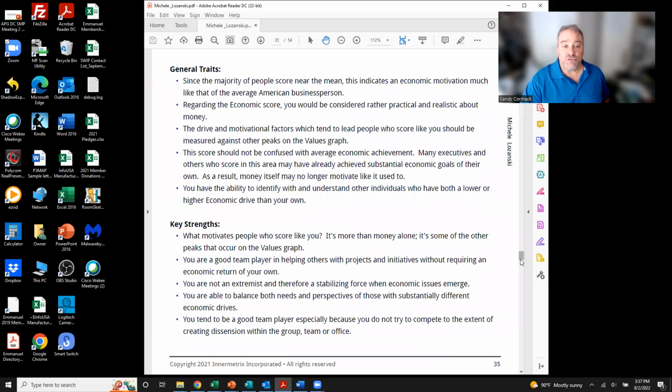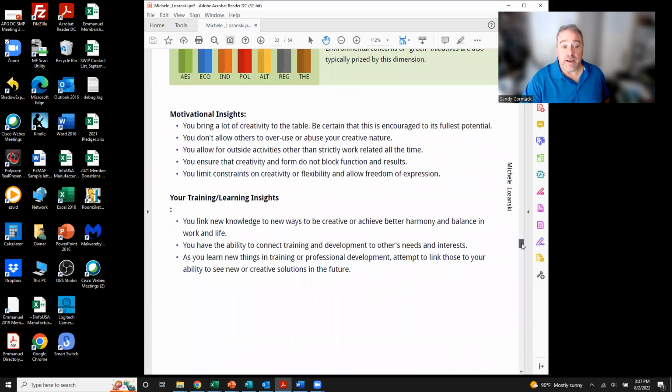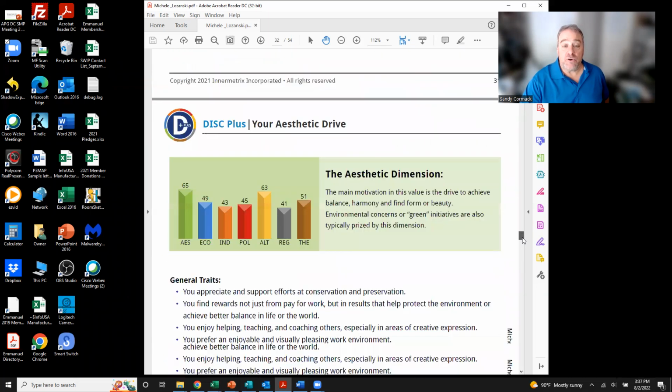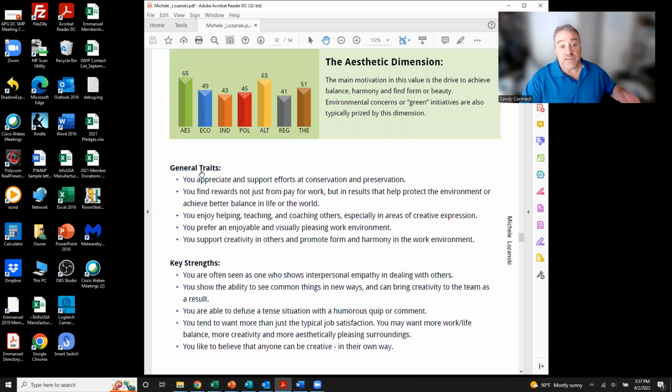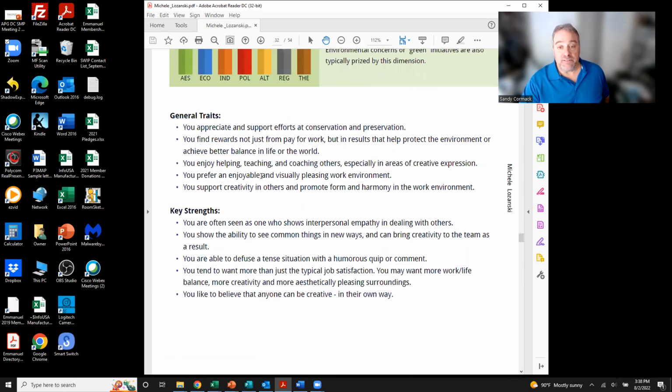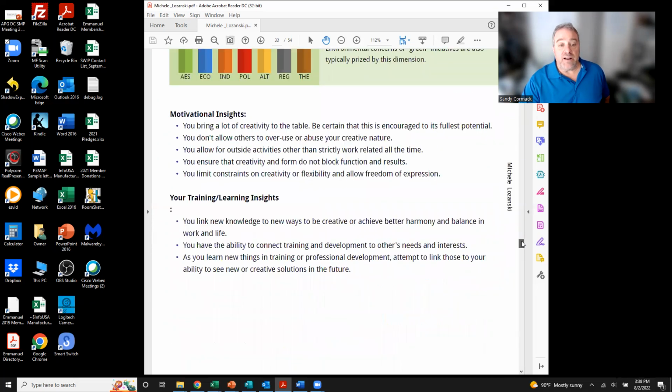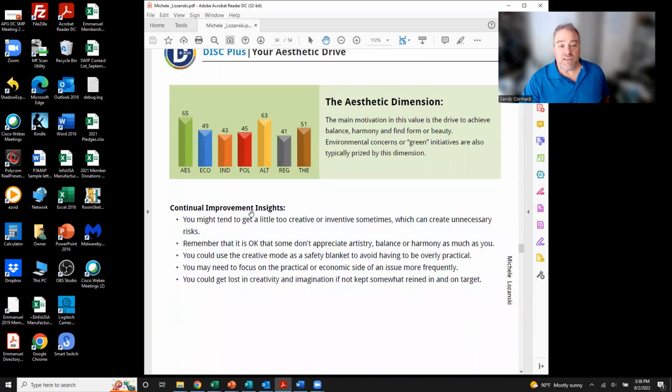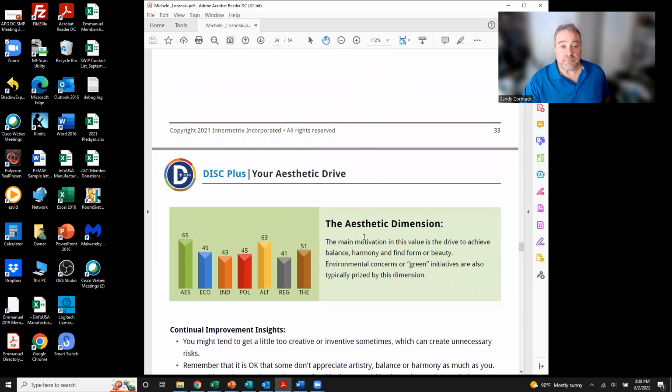So I'm not going to go through each one of these other than to say, what I recommend is that you go through these and highlight again the ones that really apply to you. Look at the things that you bring to the table, your strengths that come from your values, and then also maybe some blind spots that come from your continual improvement insights.